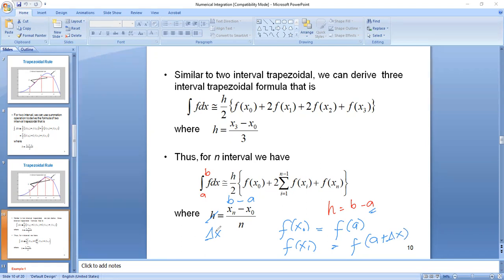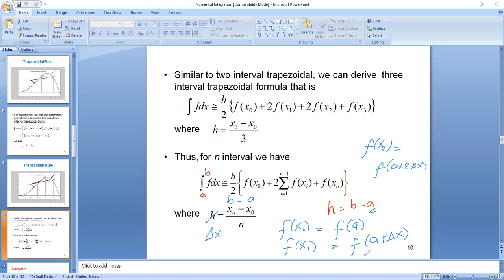So if this delta x is 0.1 and the a here, let's say, is 1, this would now be f of 1.1. The next would be f of x sub 2. What is f of x sub 2? That would be the function where a is added with 2 times delta x.